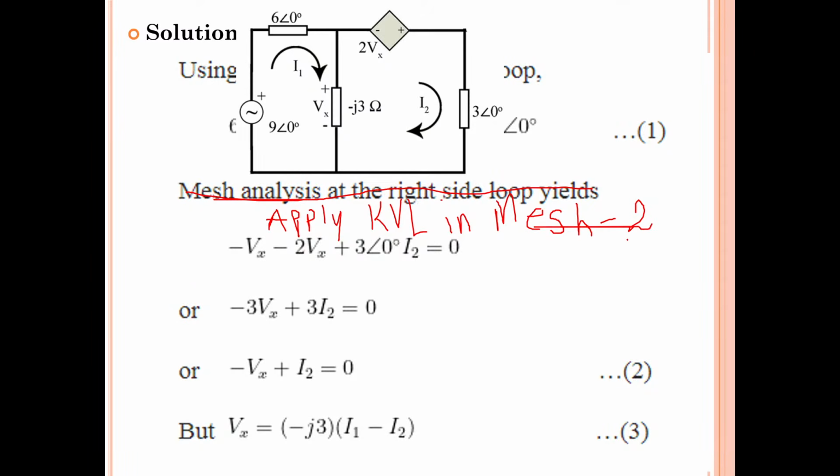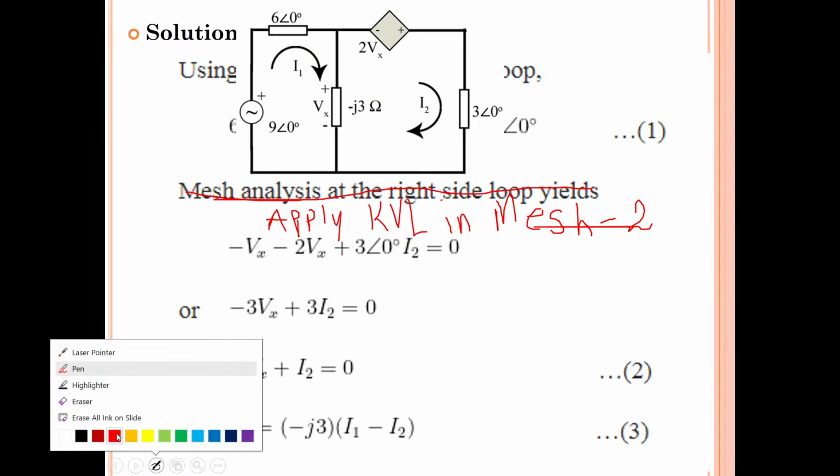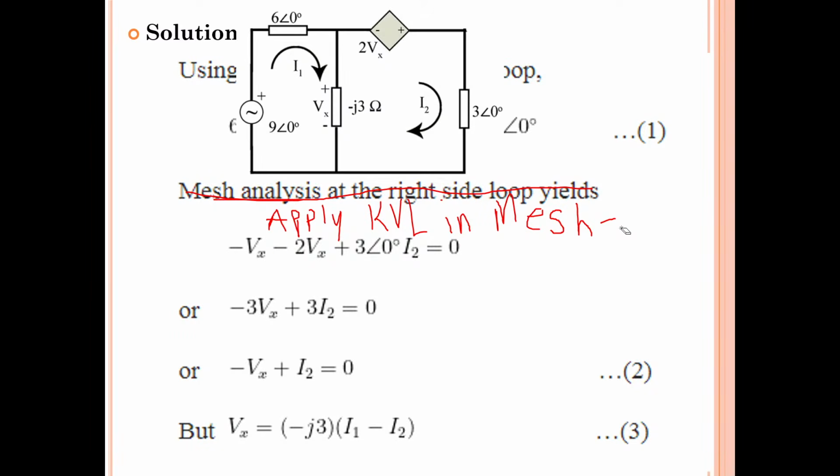Okay, that's it. You can write: apply KVL in mesh 2.